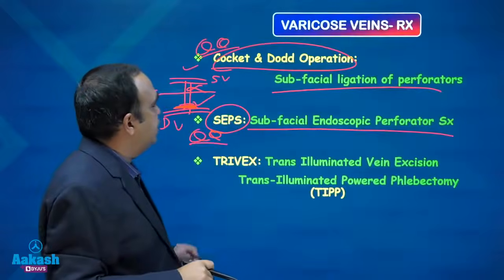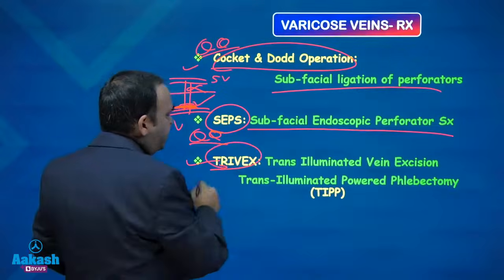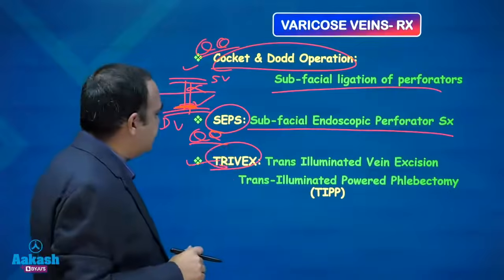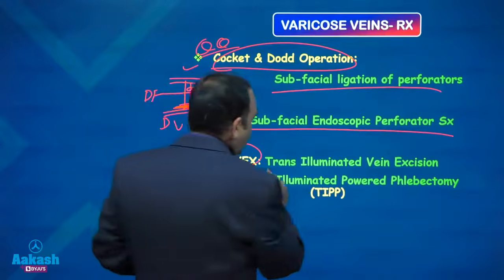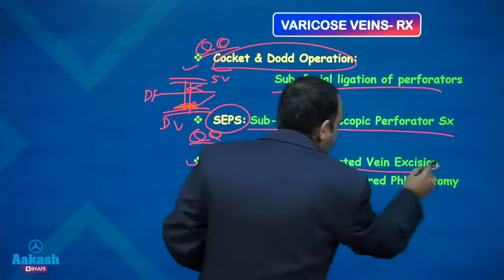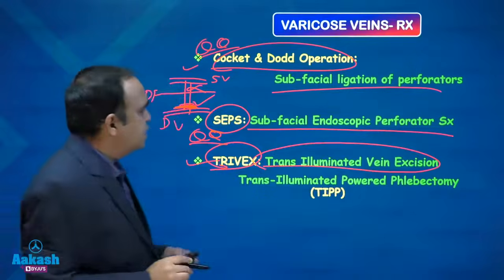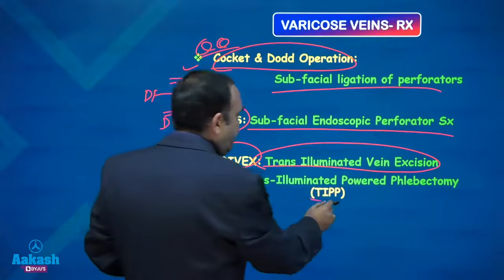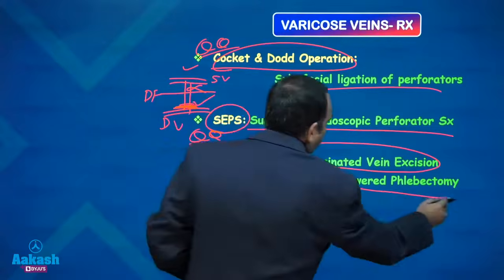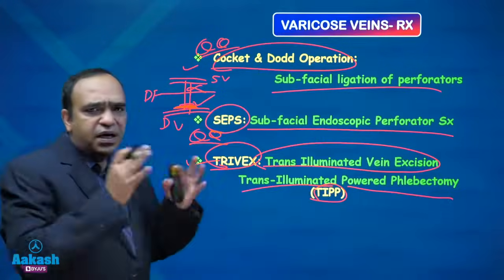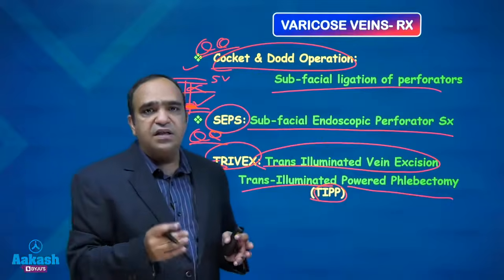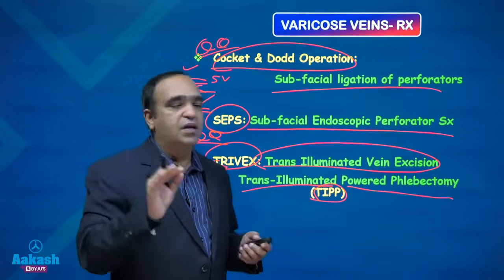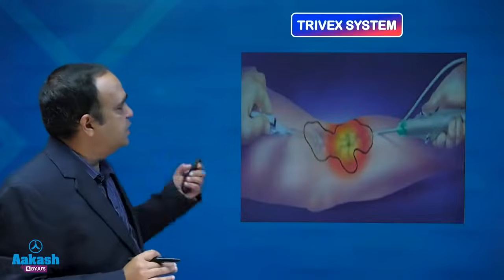That's the SEPS technique. Then another excision technique of multiple perforators is TRIVEX. This is called trans-illuminated vein excision, also known as TIPP, trans-illuminated powered phlebectomy. It's not a very frequently asked question. Phlebectomy is excision of a cluster of veins. Trans-illuminated means you do it under vision. That's the procedure.